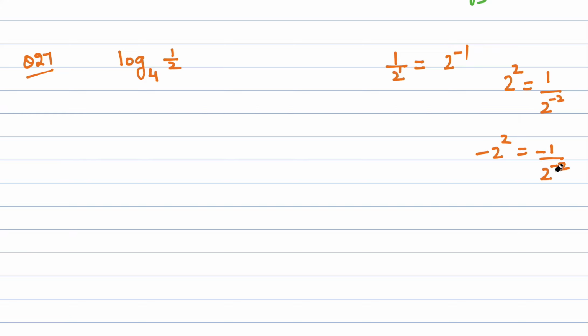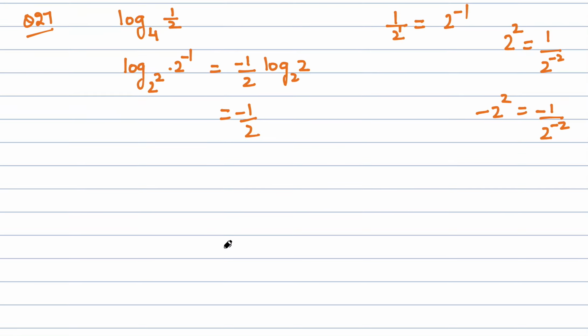Only the sign of the power changes. So if we come back here, I can write it as 2 squared and this as 2 to the power negative 1. We are done. So it's negative 1 over 2 log of 2 of 2. Log of 2 of 2 is 1, and so negative 1 by 2 is my answer.